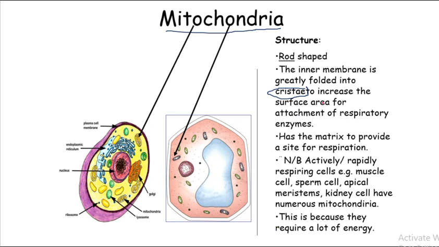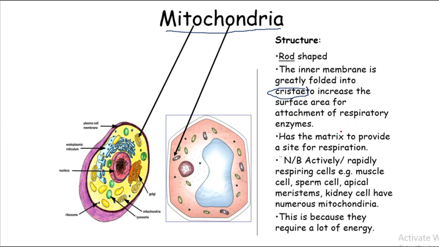Remember, in the mitochondria, that is where respiration occurs and yields energy for the cell. And in this case, these finger-like projections, we call them crista. They increase surface area for attachment of respiratory enzymes which catalyze respiration reactions.